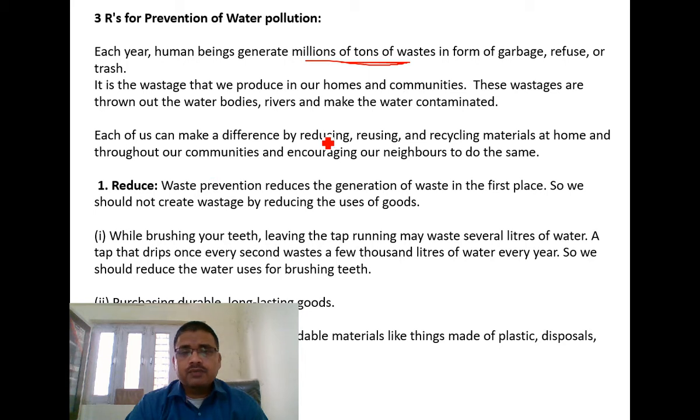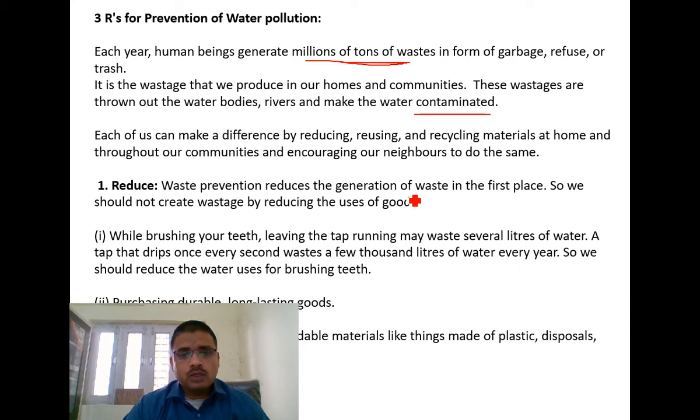So there is a process called reduce, reuse. The reduce process is waste prevention: reduce the generation of waste in the first place. That means we have to minimize the wastage product, so we should not create waste by reducing the use of goods.